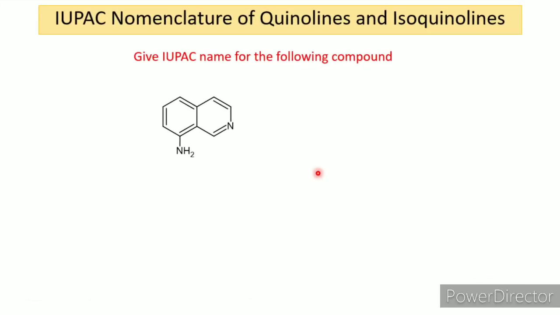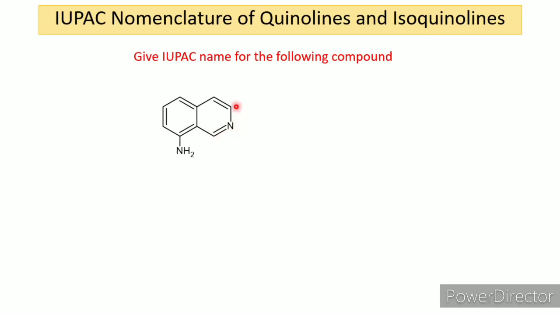Let's check one more example. In this case, first check this ring. This is isoquinoline. Then numbering will start from this position. Now remember, one mistake that can happen: after starting with this, you may feel that this substituent should get the minimum possible number, so you will go to this, but that is wrong. As I said, in quinoline and isoquinoline, numbering is fixed. Starting with this, you will go here.